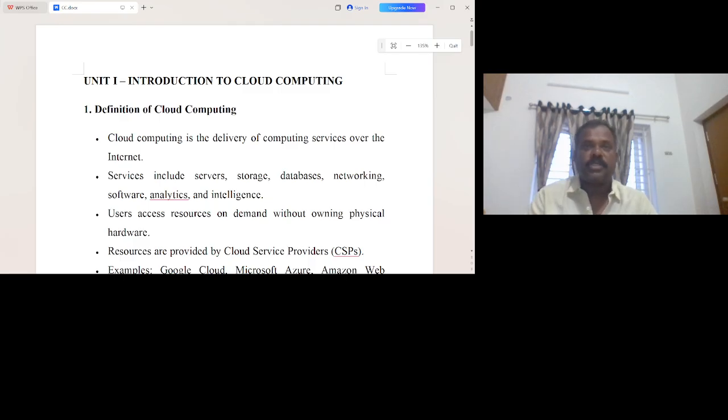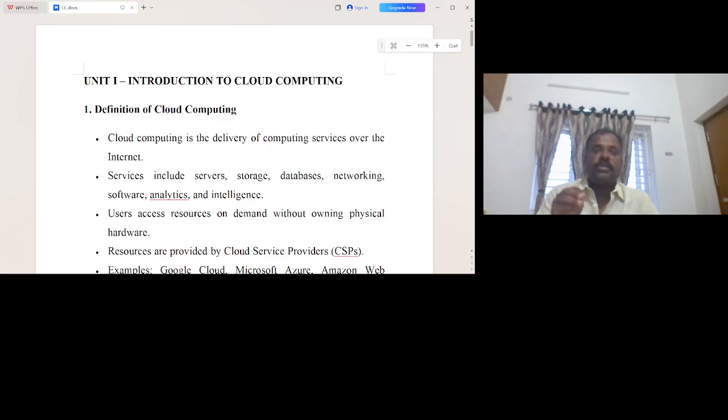Based on that processing, data storage is retrieved to derive the data, then response to the user. This is the basic flow of cloud computing: first user request, then cloud server processing, then data storage, then response to user.